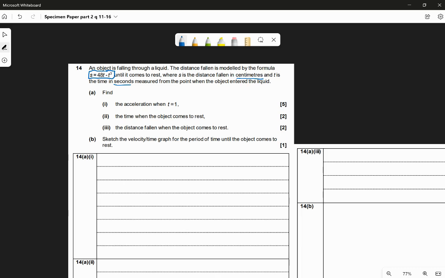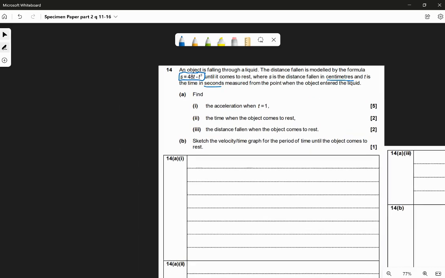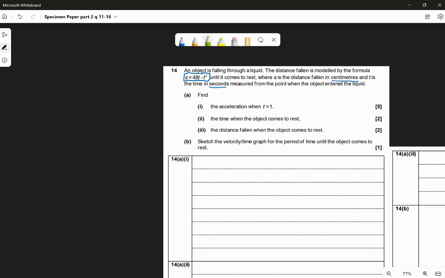Part A, part 1, find the acceleration when t is 1. Okay, so I've got an equation for the distance travelled, the distance fallen. The relationship between displacement and velocity and acceleration is one which deals with calculus. So if I have displacement s, then velocity is the rate of change of displacement. Okay, so velocity is ds by dt.